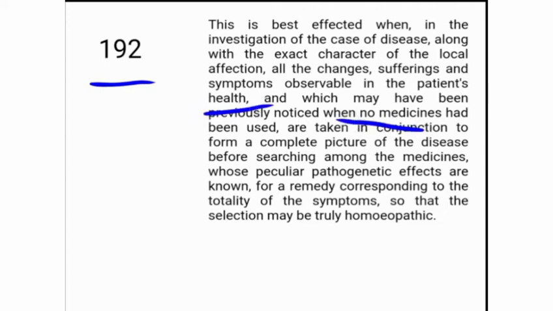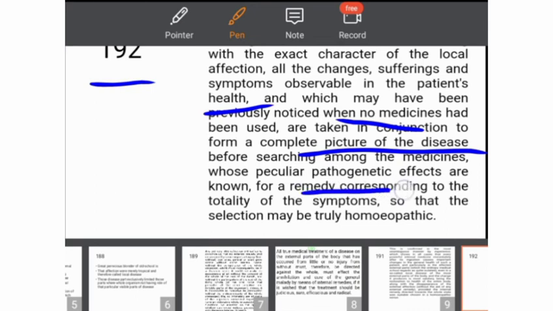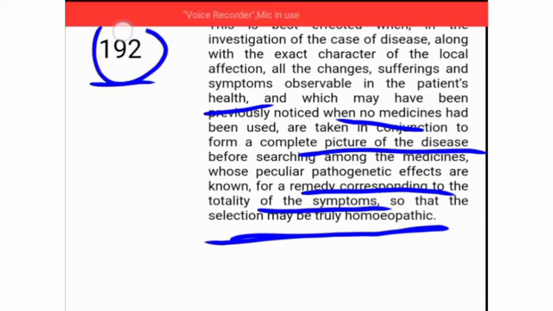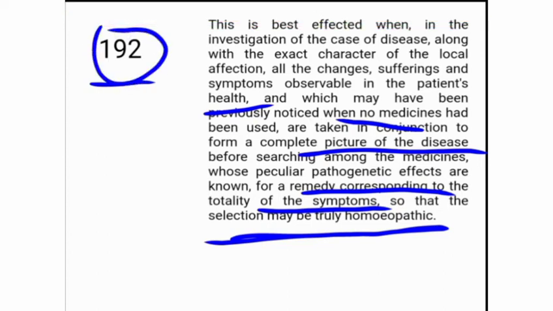Before he takes the medicine, we first observe all those sufferings, so that we can find the complete picture of the disease before searching among the medicines, and that complete picture helps us to find the peculiar pathogenetic effect of our known homeopathic remedy corresponding to that totality of symptoms, so that our selection of the medicine becomes truly homeopathic. In this 192 he says how we investigate local maladies, local disease, and how we choose a truly homeopathic medicine.